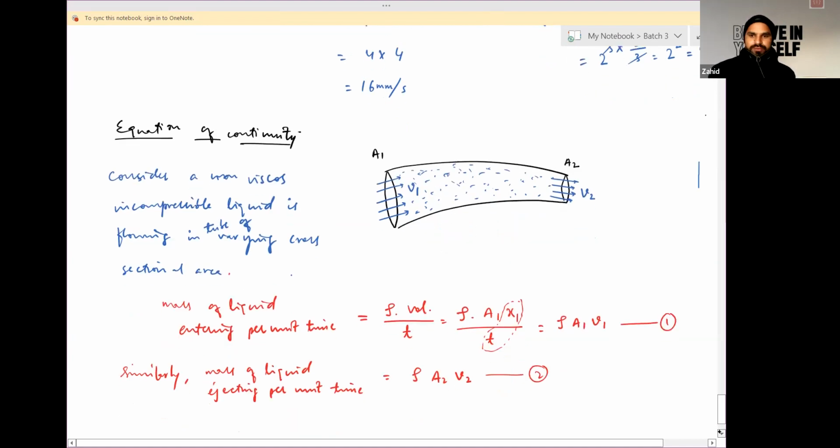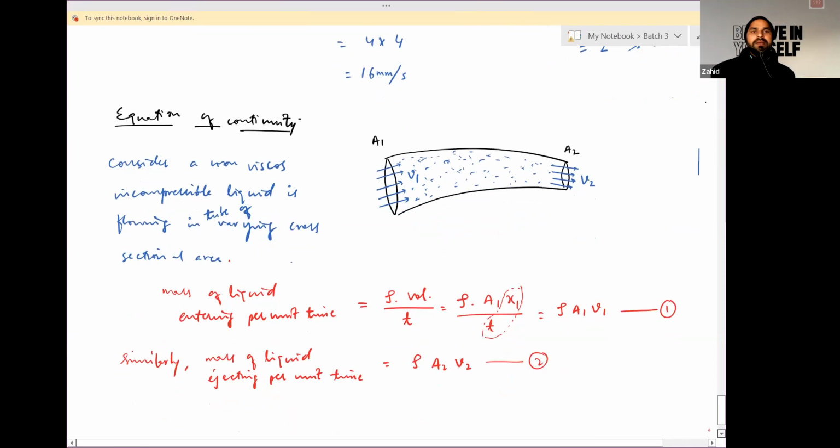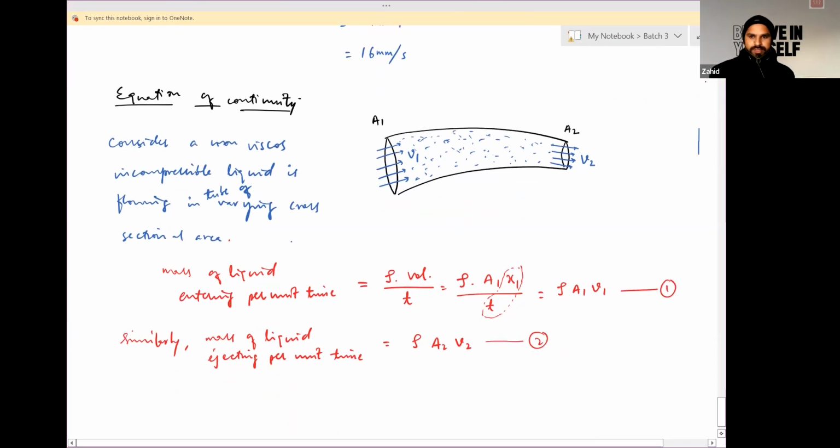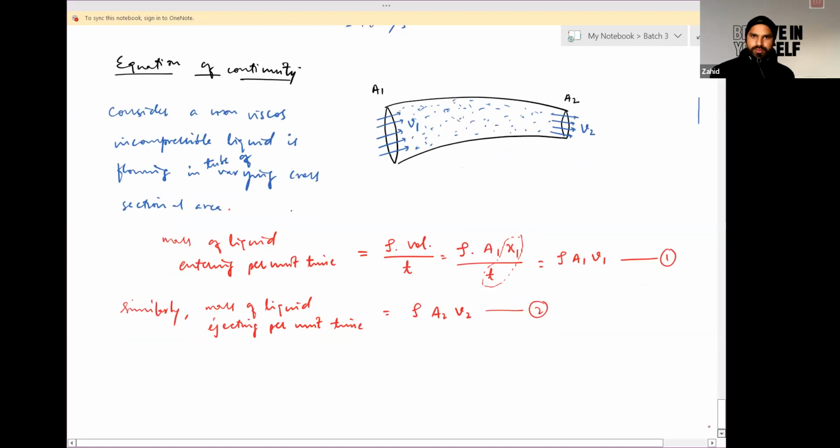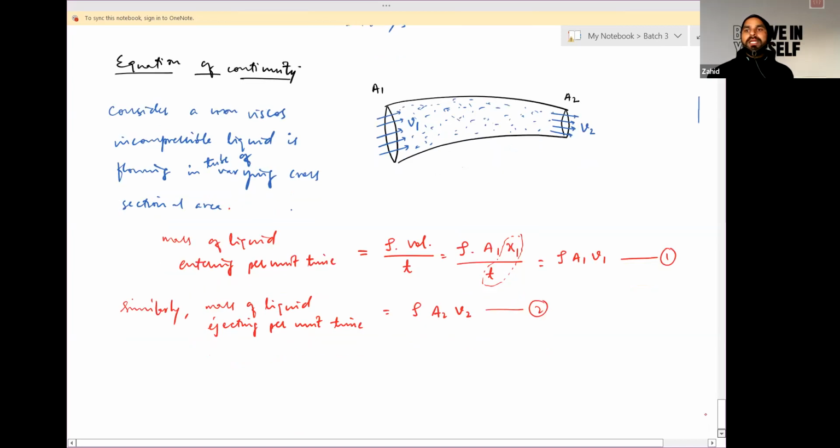Now, according to conservation of mass, the mass of liquid entering this particular tube from one end must equal the mass of liquid leaving or ejecting from the other end, so that mass remains conserved.